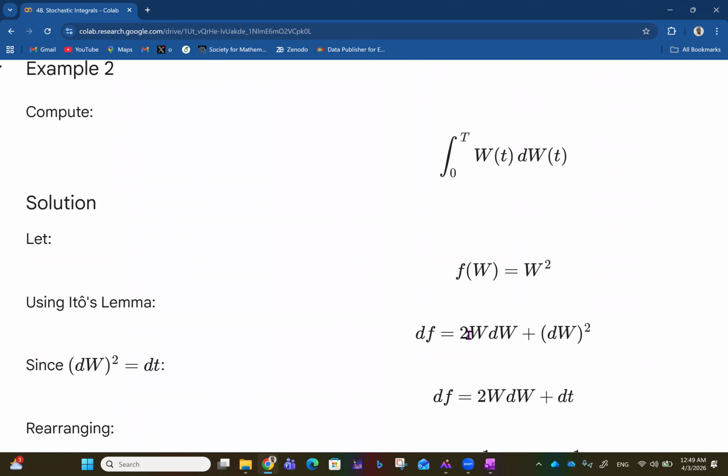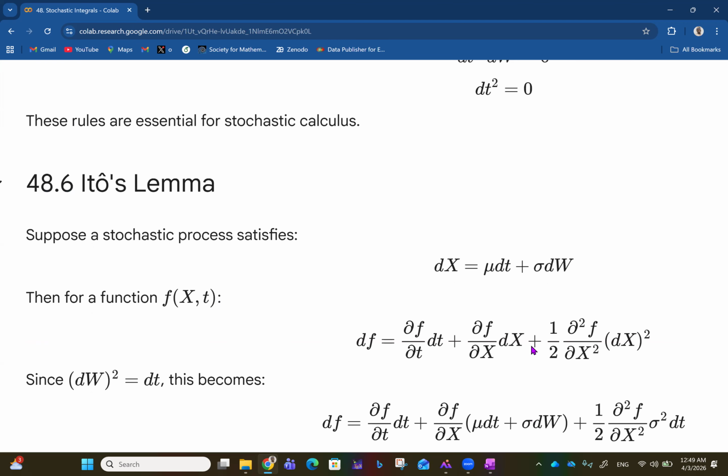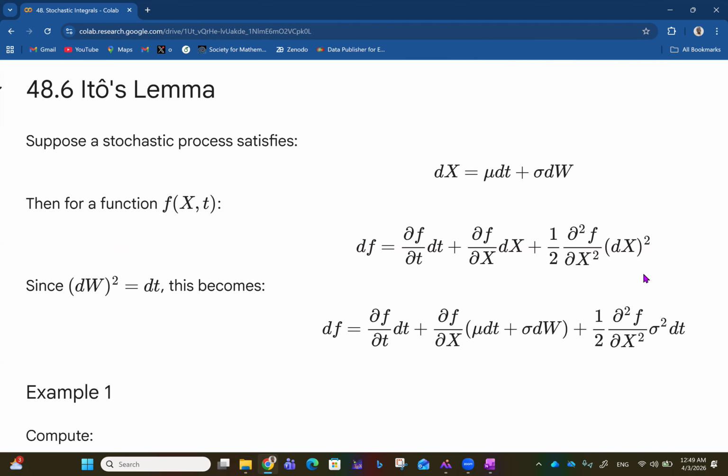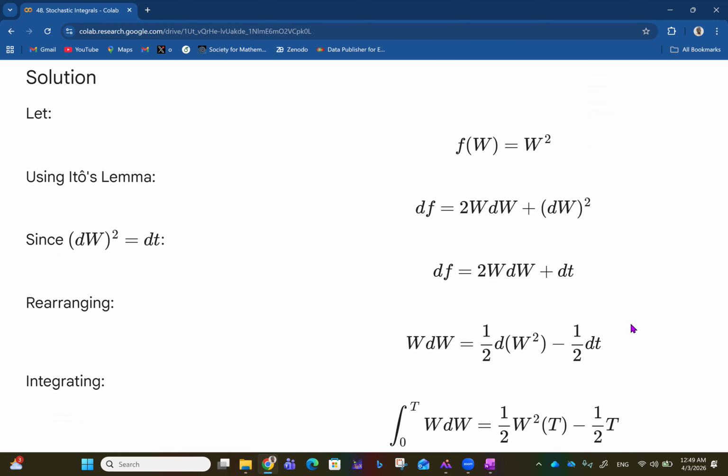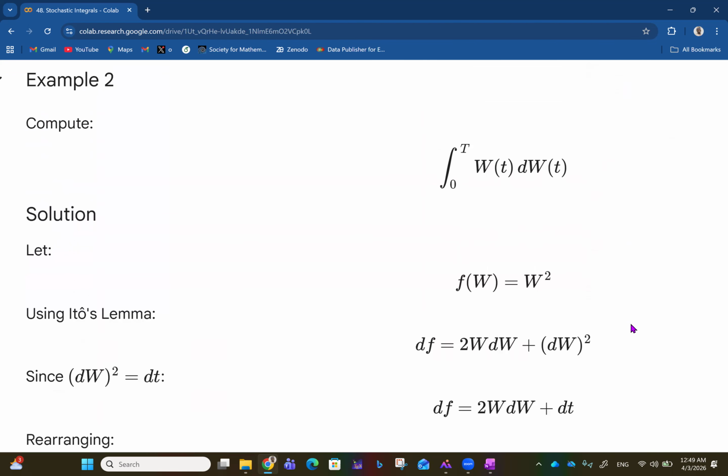So we have df to be df dw, and df dw is 2w times dw, plus the other part, 1 over 2 d squared f dx squared sigma squared dt. So it means that we differentiate this the second time. Okay, we are still here.